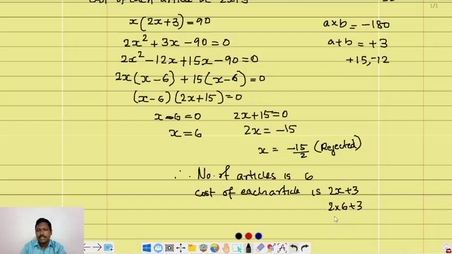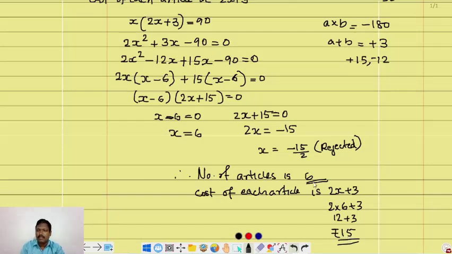What is 2 into 6? 2 into 6 is 12. So 12 plus 3 is equal to 15. So cost of article is rupees 15 and number of articles is 6.